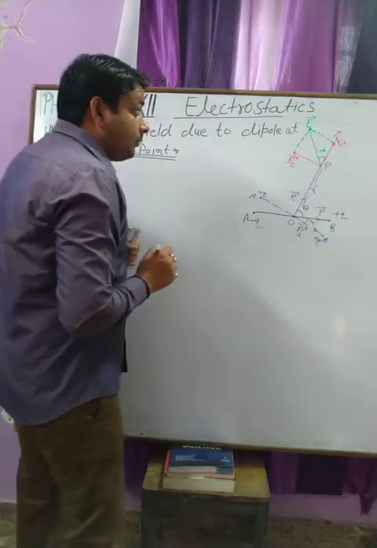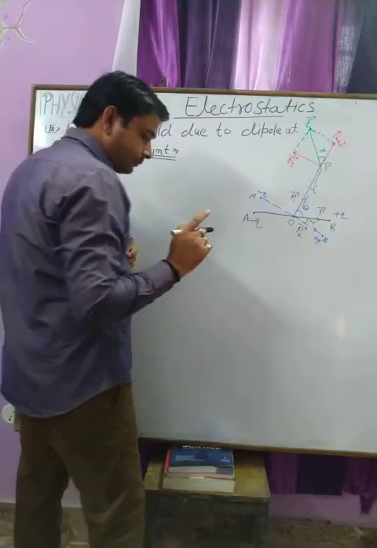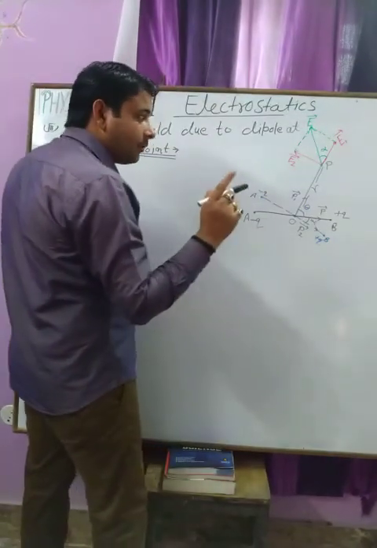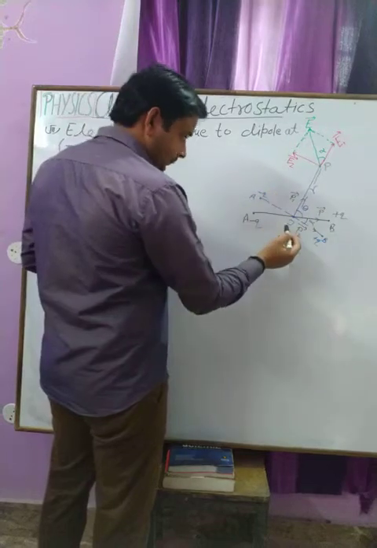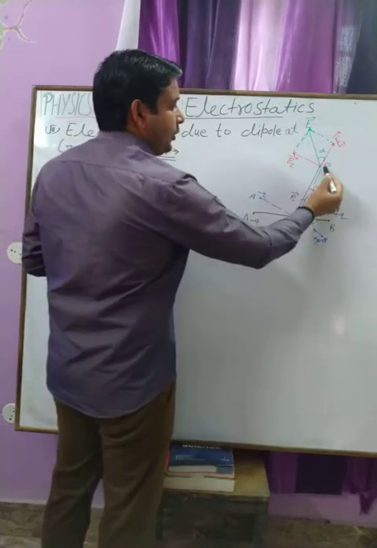Now by using vector resolution, we are making the rectangular components of the electric field produced by this dipole at point P.